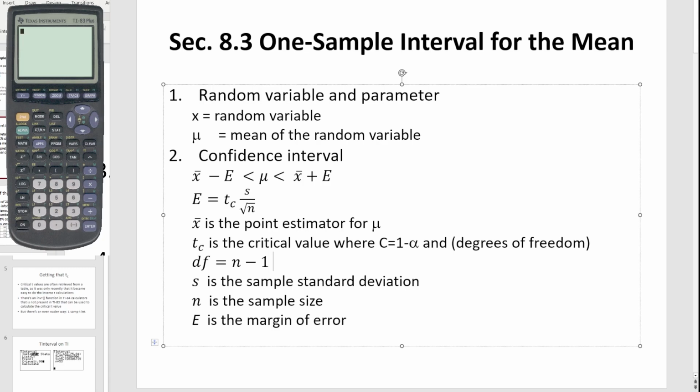And this is kind of the idea of why our degrees of freedom are the sample size minus 1. S is the sample standard deviation, n is the sample size, and E is the margin of error.